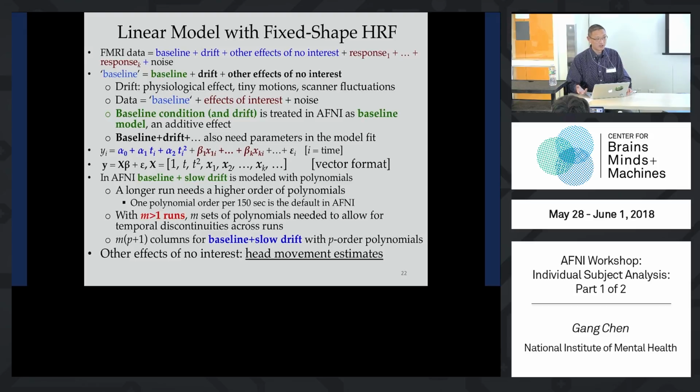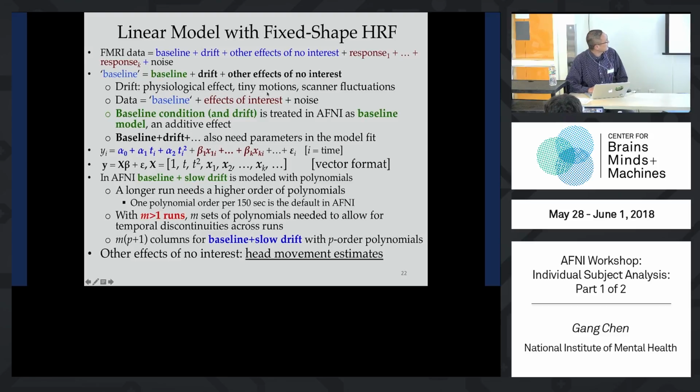The 2 major ones are breathing and heartbeat. Especially the first time we get in the scanner, we may be a little bit nervous. The heartbeat is faster, breathing is also faster, right? But after a while, you calm down. That's why there is slow drift. So it's not the fluctuation, but the long range effect.